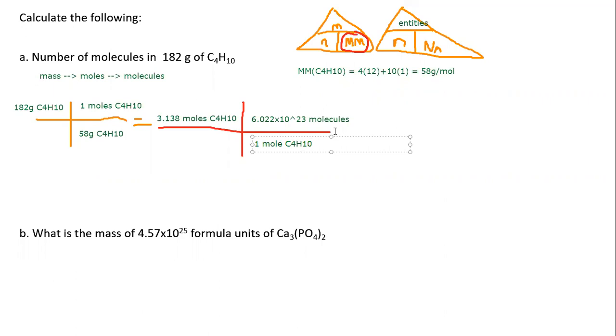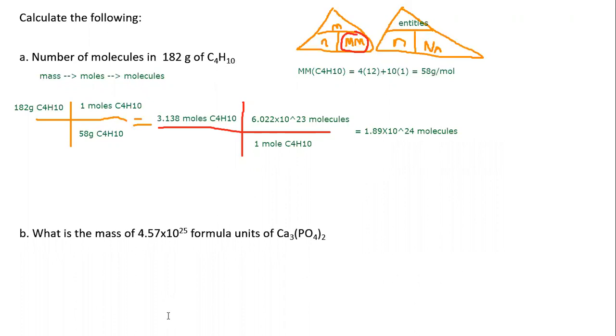And we can determine the molecules of this: 1.89 times 10 to the 24th. So this is the number of molecules of butane in a 182 gram sample.